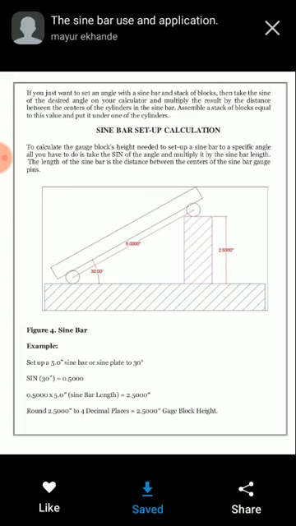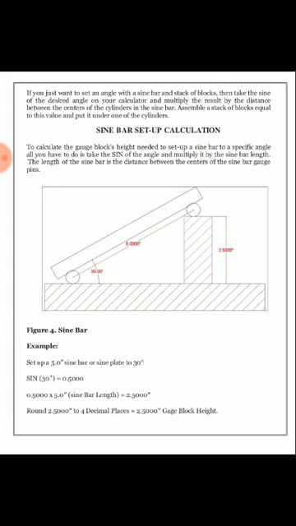Assemble a stack of blocks equal to this value and put it under one of the cylinders. Sine bar setup calculation: to calculate the gauge block height needed to set up a sine bar to a specific angle, all you have to do is take the sine of the angle and multiply it by the sine bar length.